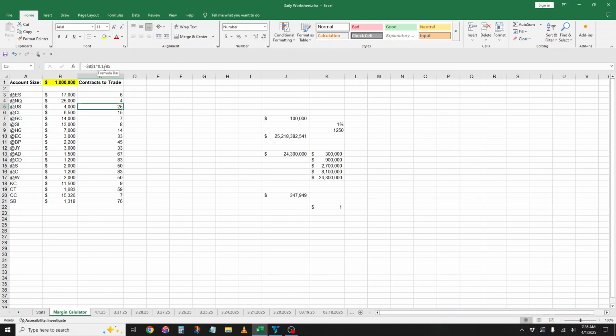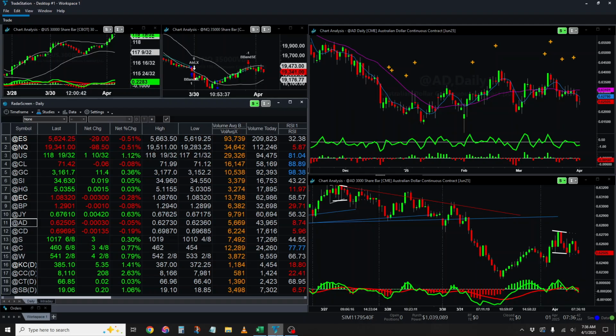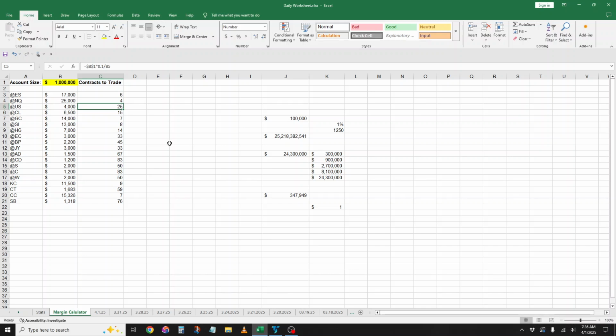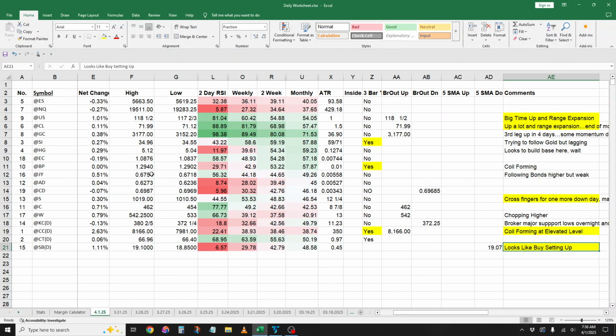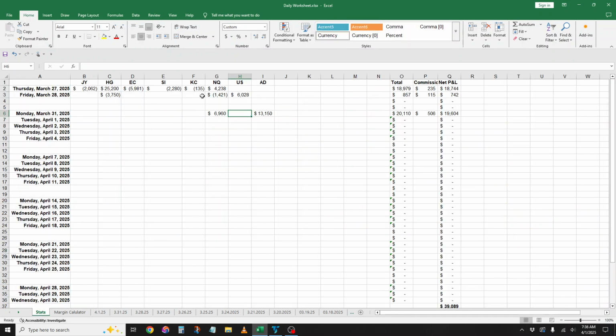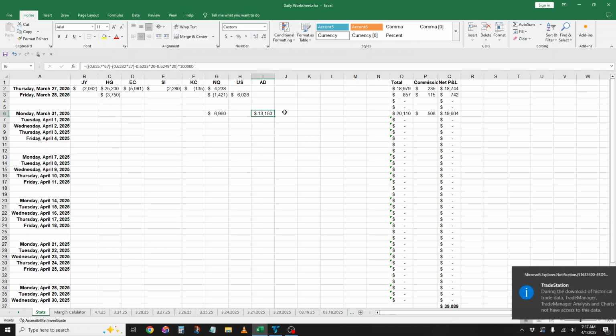I'm basically multiplying the margin requirements times 0.1, so 10%. Each one of these trades required about $100,000 in margin. So, for example, Australian dollar with $100,000 in margin, I made $13,000. So the return on capital was about 13% in one day.